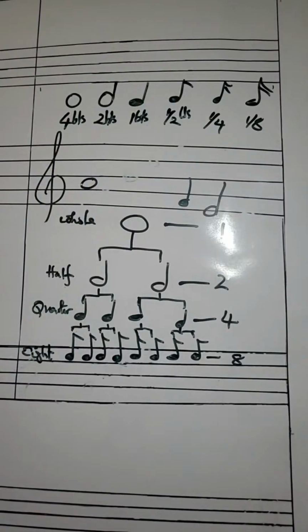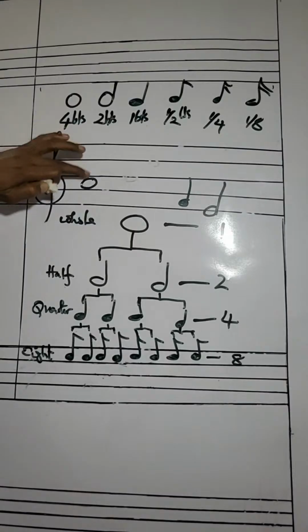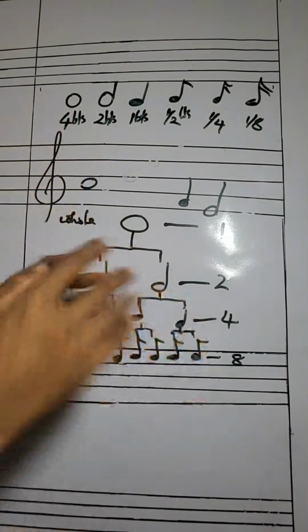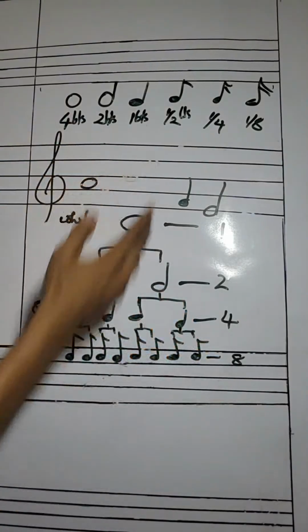The same way you sing it for 4 counts, you also have what is known as the rest. What is the rest? Just like the notes are being played, rest indicates when to be silent. So just like we have these notes being played here, the rest indicates when to keep silence.